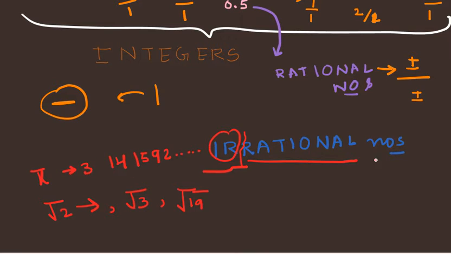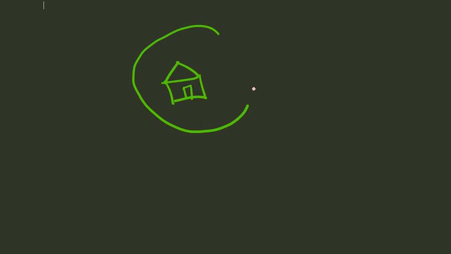Plus there are also irrational numbers. Now all the rational numbers and irrational numbers are called real numbers. So irrational plus rational numbers are called real numbers. Just like, let's imagine a house, then a house in a village.